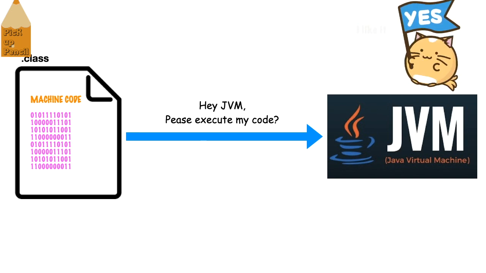Yay, there you go. The JVM said yes, and is happily able to execute our bytecode this time. So in short, the compiler generates the bytecode or machine code in the form of a file, which we call a class file, and then the JVM executes the bytecode.